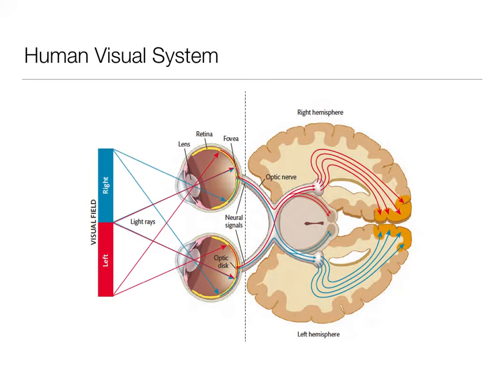What it is, is the information in your left visual field goes into the right side of the brain, indicated here with the red arrows. And the information in your right visual field goes into the left side of your brain, indicated by the blue arrows here.